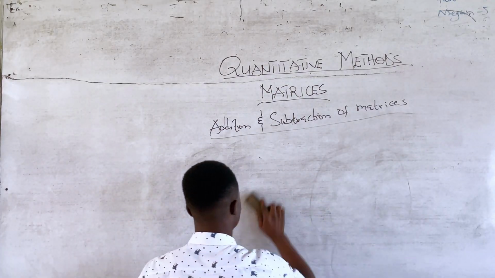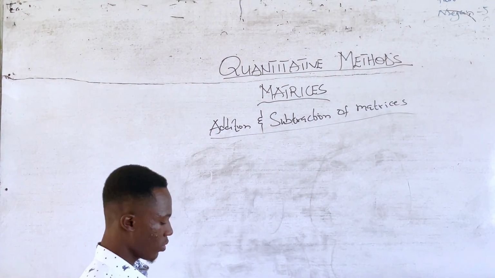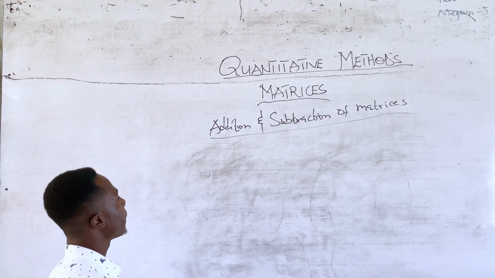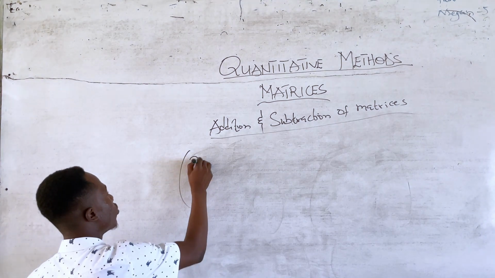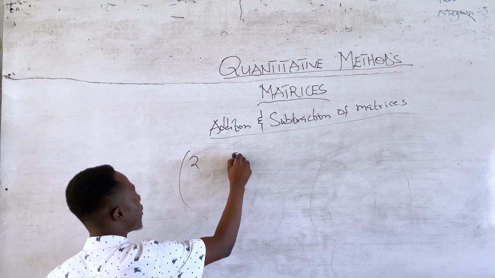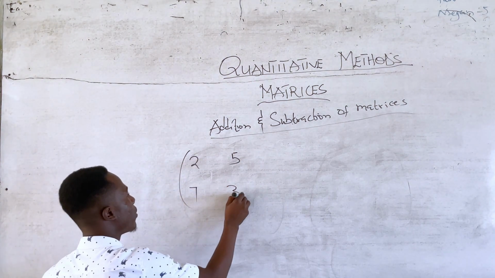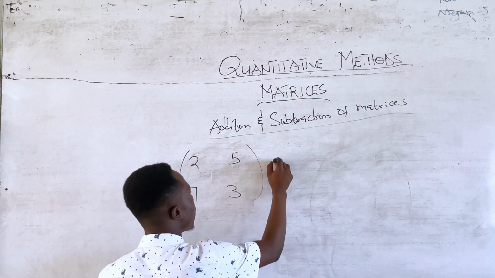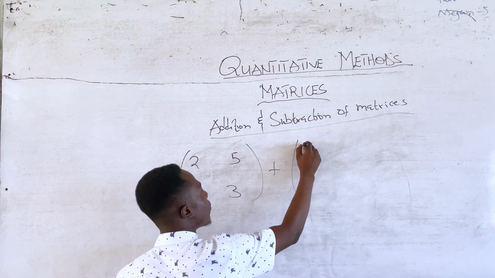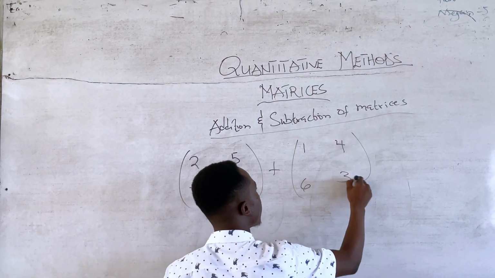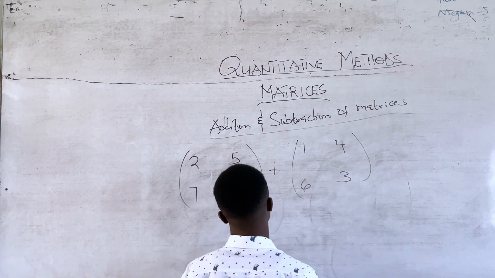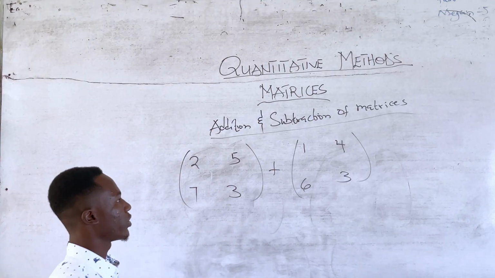Okay, so now let's solve an example. Suppose you have 2, 5, 7, 3. You have this matrix plus 1, 4, 6, 3. You have this. So you have to add these two matrices, right?